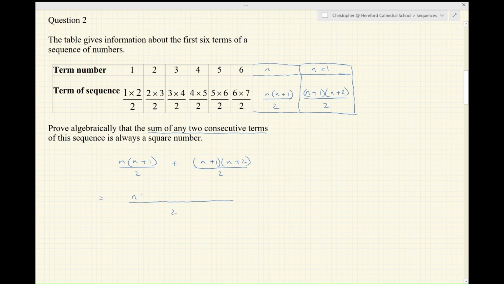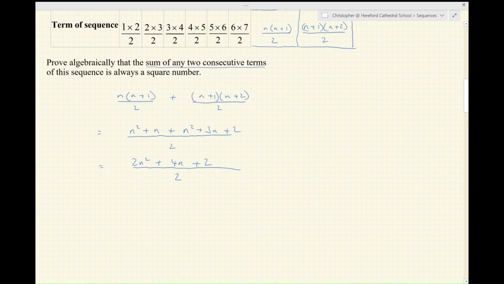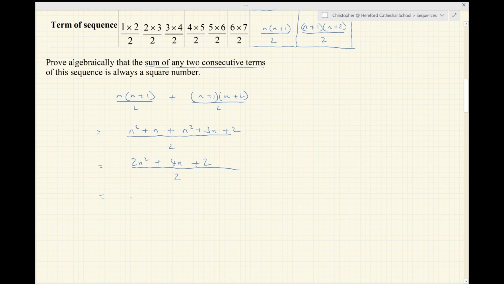Let's multiply out that bracket: n squared plus n plus, now I'm multiplying out n plus 1 lots of n plus 2, n squared plus 3n plus 2. I'm going to simplify the top there. I've got 2n squared plus 4n plus 2, and that's all over 2. So if I halve the top, I'm left with n squared plus 2n plus 1. So there is an expression for the sum of any two consecutive terms.